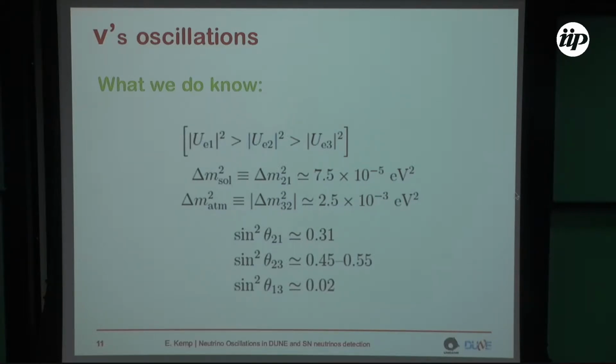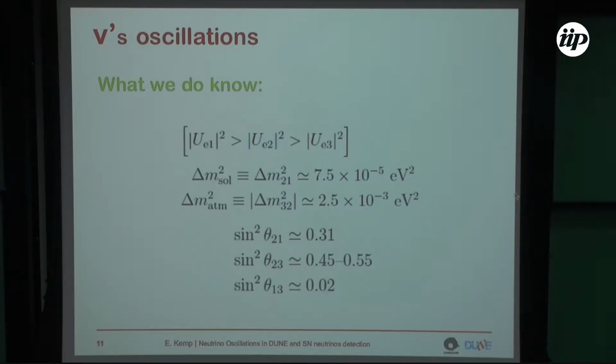And we know a lot about the mixing angles, but we are now at the stage to make precision measurements. And DUNE, apart from the things that I will discuss in the next slides, has CP violation measurements and neutrino oscillations.